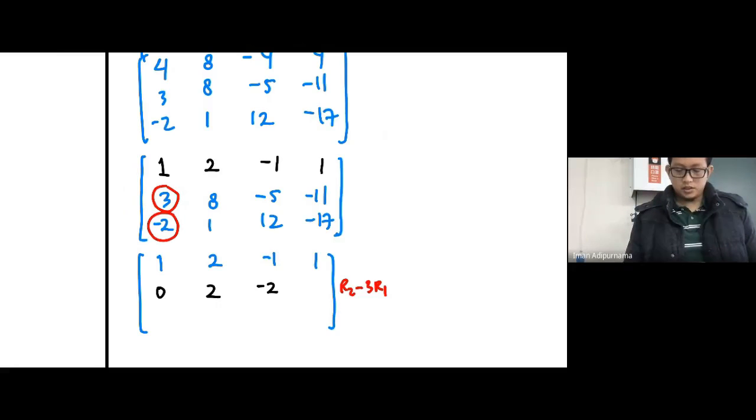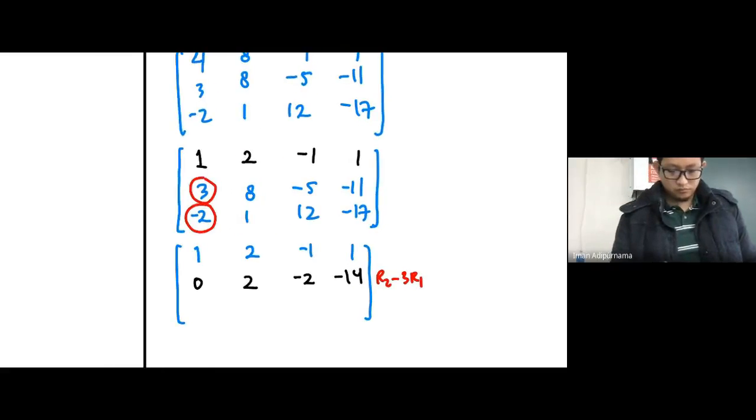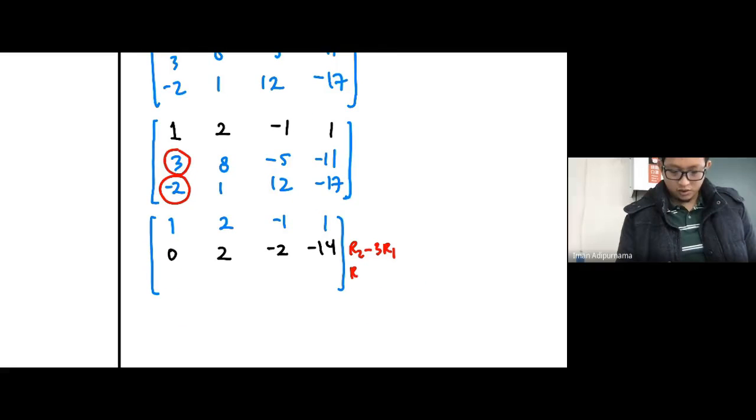Negative 11, negative 3 is negative 14. And this will be R3 minus 2 R1.